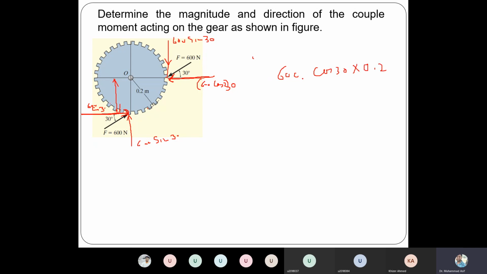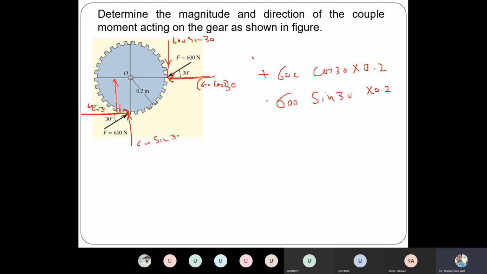What is the direction of this couple? Counterclockwise, so this is positive. Then the other couple is 600 sin 30, and the direction is clockwise, so negative: 600 sin 30 multiplied by 0.2.